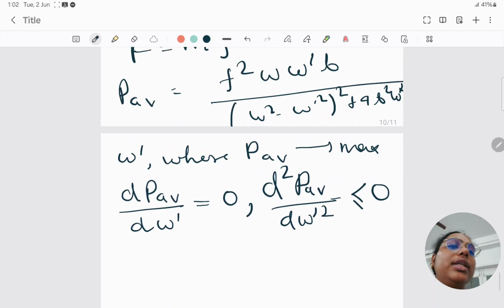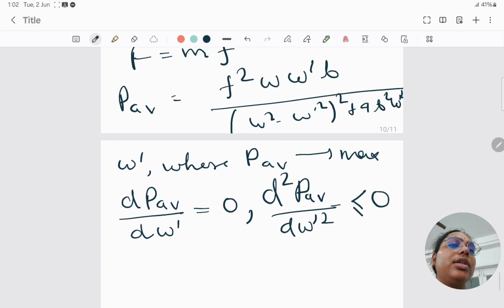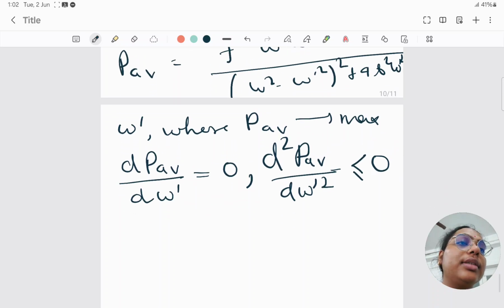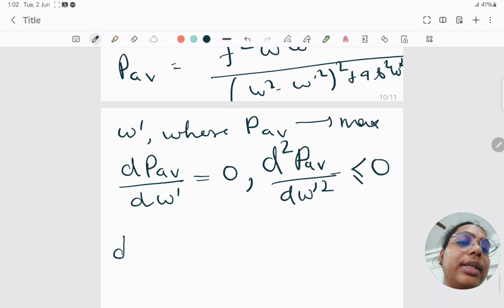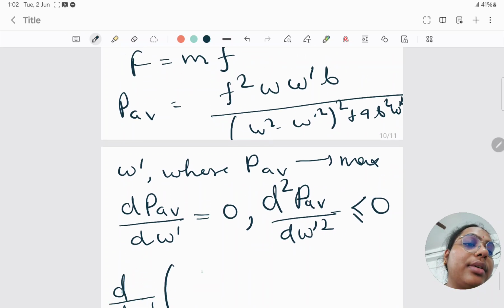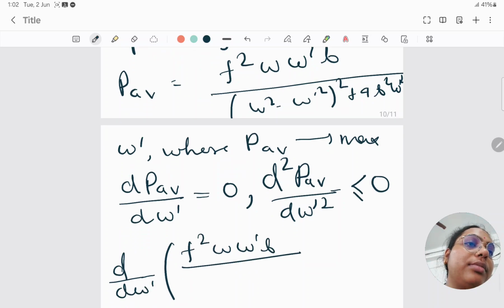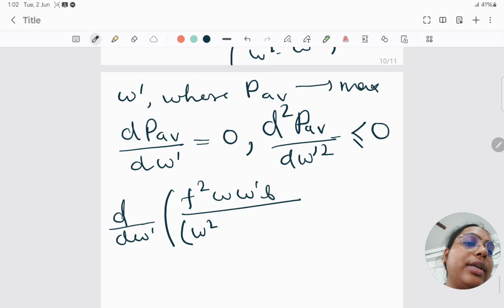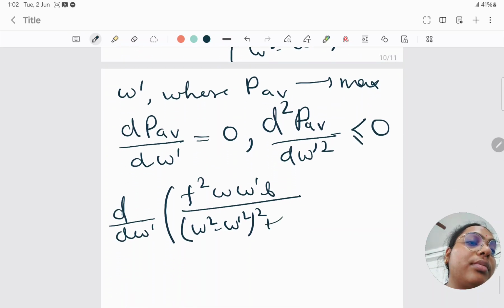Okay, so for this we first differentiate with respect to ω' this. So what we will get, minus f² ω' b divided by (ω² − ω'²) whole square plus 4b²ω².